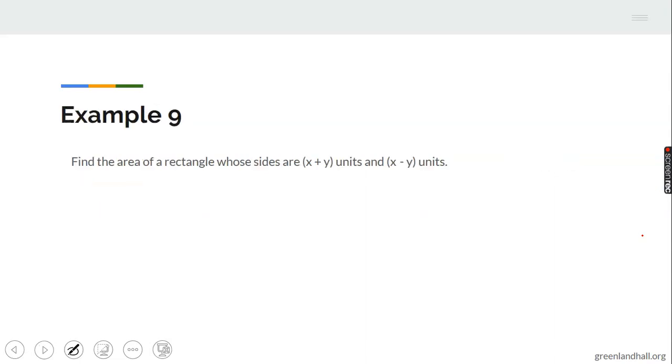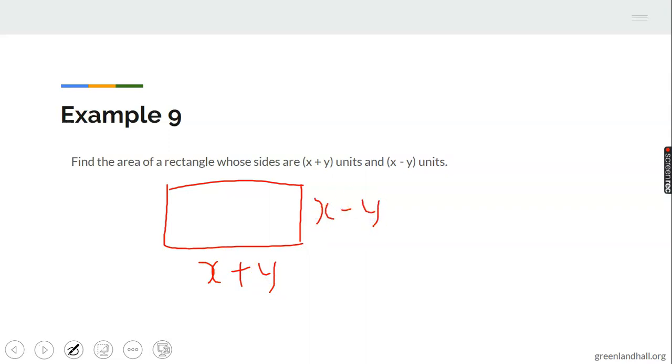Look at this example. We are to find the area of a rectangle whose sides are this. This is a rectangle. The sides are x plus y, then x minus y. I think last class we did something like this.